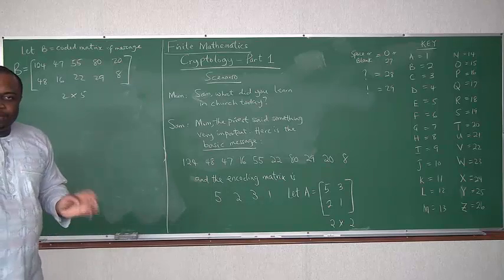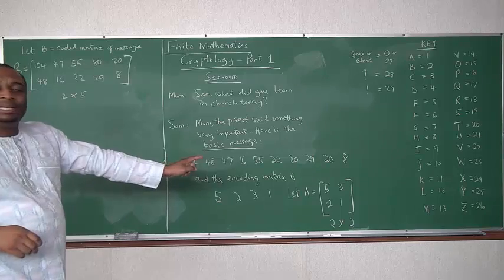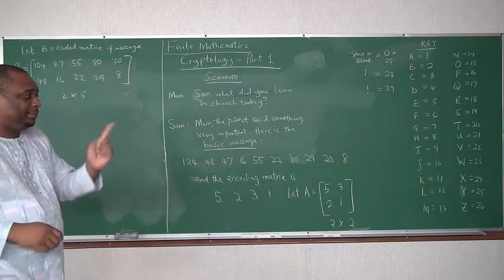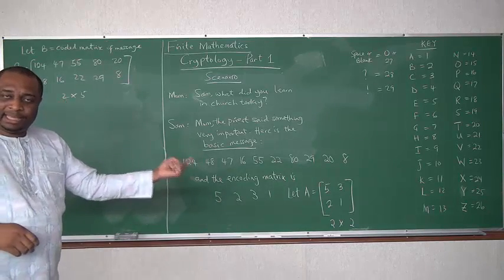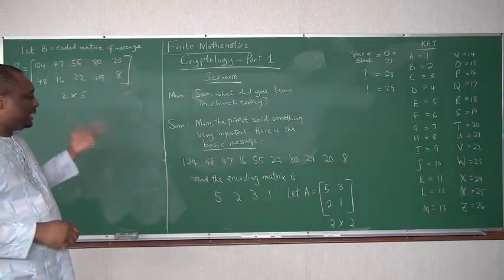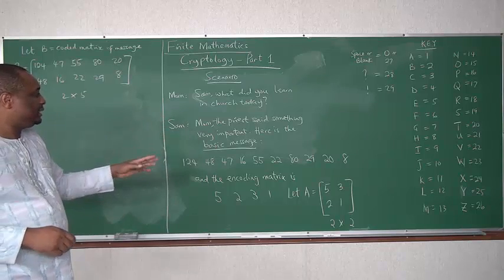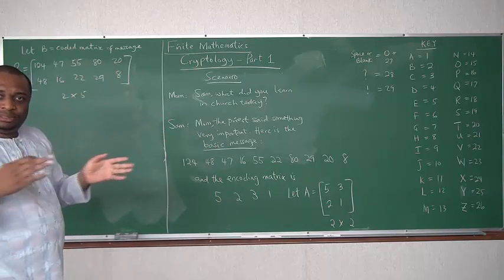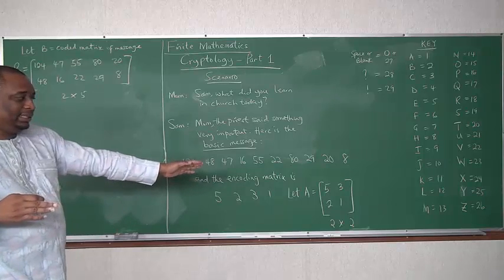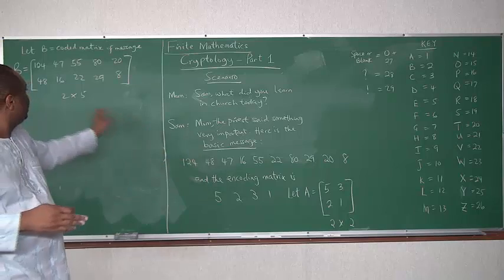The next thing you do is this. The first step, find the type of square matrix that the encoding matrix is. Second step, put the coded message in the same number of rows.